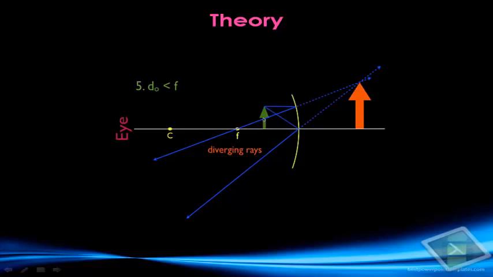Okay, so when you're inside the focal point, you'll notice now our image is behind the mirror, and you'll notice that it's switched from being upside down, inverted, to being right side up, which we technically call erect. You'll notice it's magnified, it's bigger, and you'll notice that this is a virtual image. A virtual image is an image that is created by diverging light rays that your eye follows back behind the mirror.